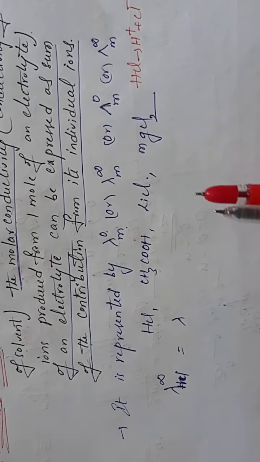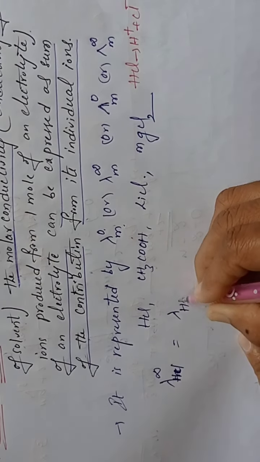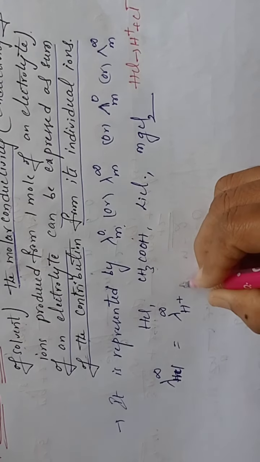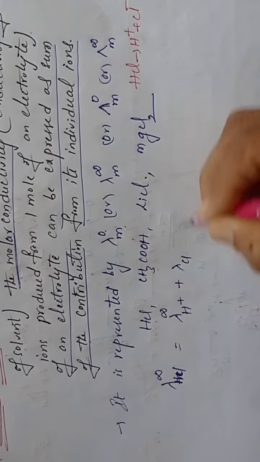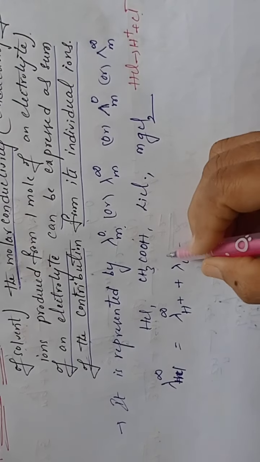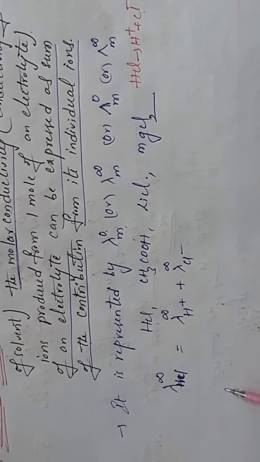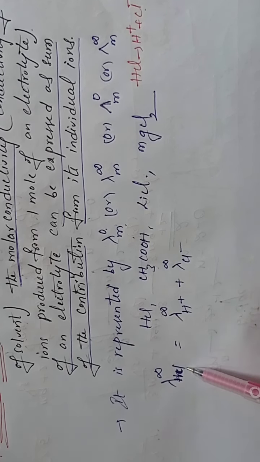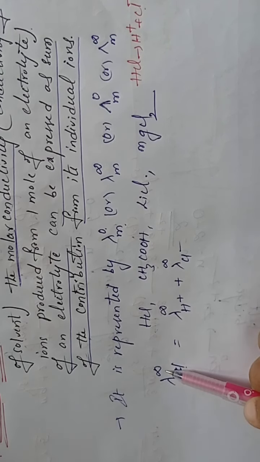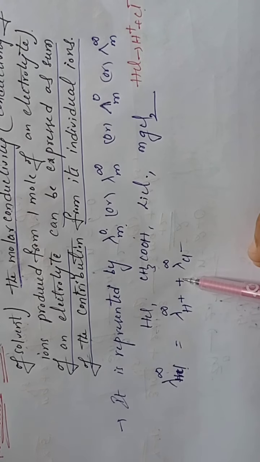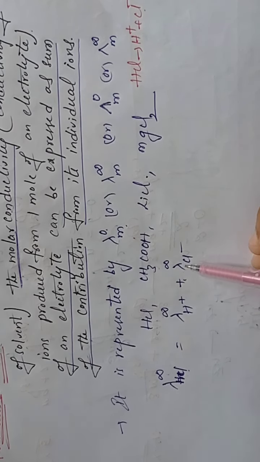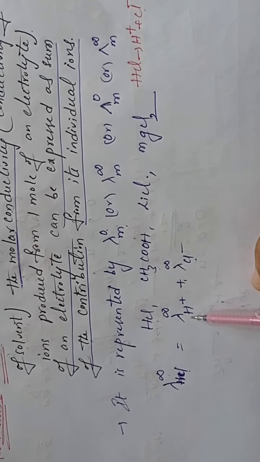So we can write lambda H plus at infinite dilution plus lambda Cl minus at infinite dilution. So this is the molar conductivity of the electrolyte HCl at infinite dilution, equal to the sum of the individual molar conductivities of the ions at infinite dilution.